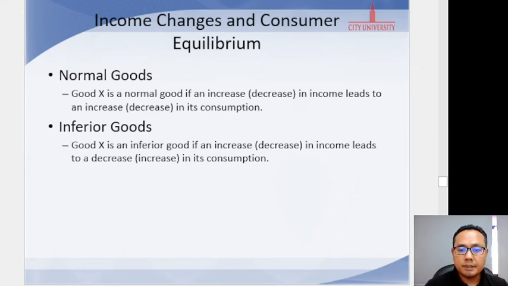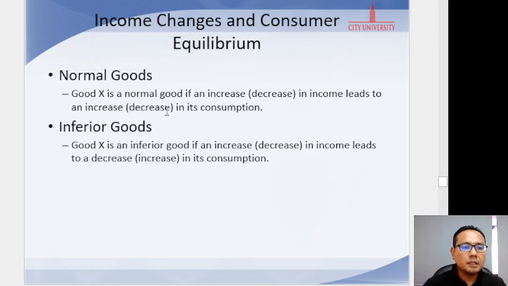We have discussed in the previous chapter that a change in income also will lead to a change in the consumption pattern of the consumer. The reason is that changes in income either expand or contract the consumer's budget constraint, and the consumer therefore finds it optimal to choose a new equilibrium bundle.